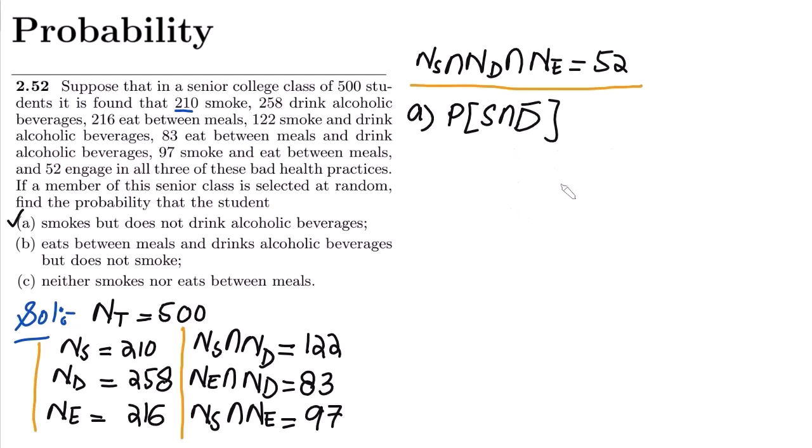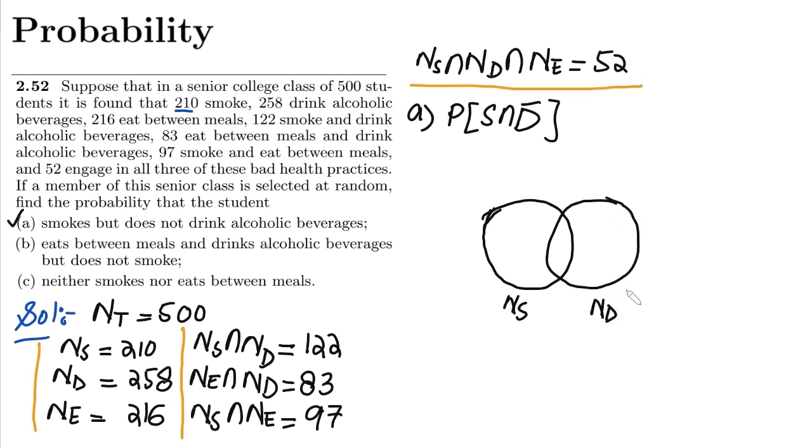In order to do these types of questions, let me consider another type of diagram, that is called a Venn diagram. Okay, so let me represent here this circle, which basically represents the number of persons who smoke. And similarly that is N of D, which represents the number of persons who drink.